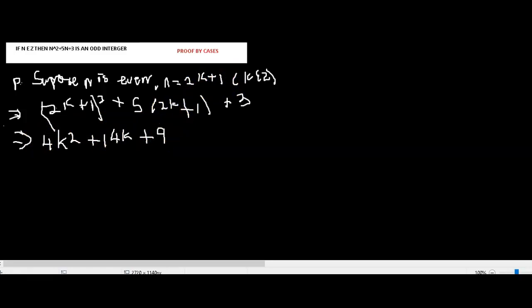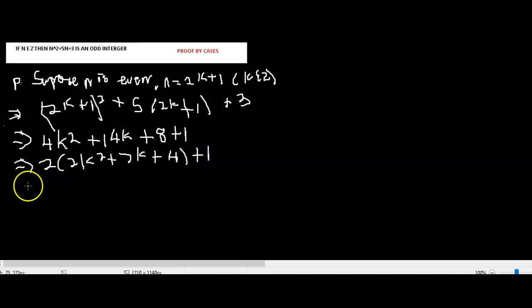So instead of writing 9, we can write it as plus 8 plus 1, because that's 9. Now plus 1 matches with that, and from 8 you can take out 2. So if you take out 2, you're left with 2 times k squared plus 7k plus 4, and then outside the bracket it'll be plus 1, and there we go, we prove that this is odd.